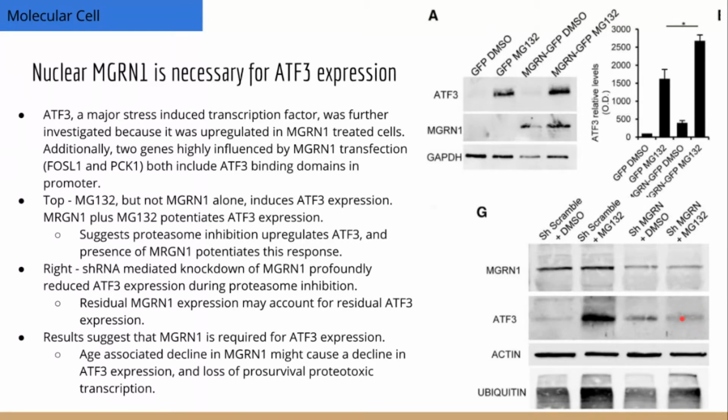So this suggests that an age-associated decline in MGRN1 might cause a decline in ATF3 expression. And since ATF3 is a pro-survival transcription factor that responds to proteasome inhibition, this might be a mechanism by which MGRN1 dysfunction is causing the loss of neurons.